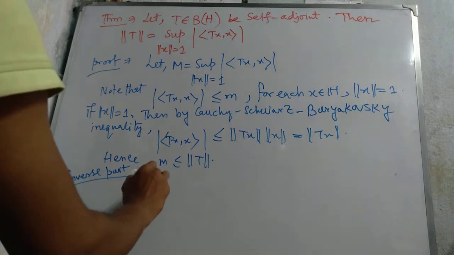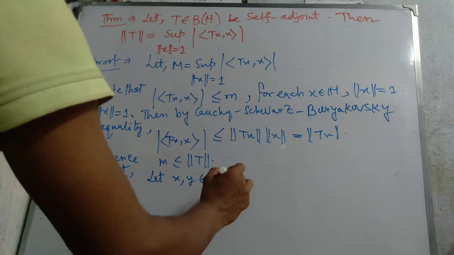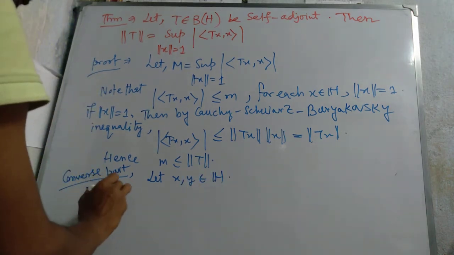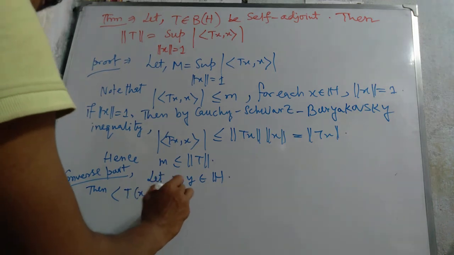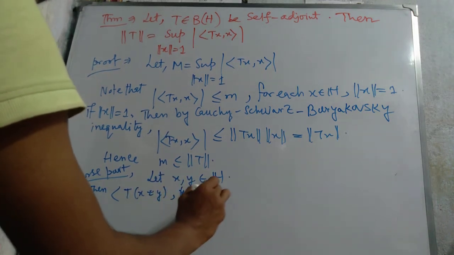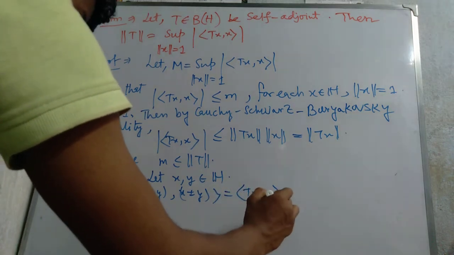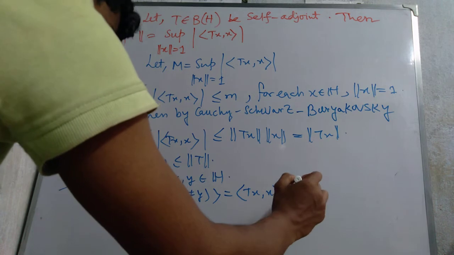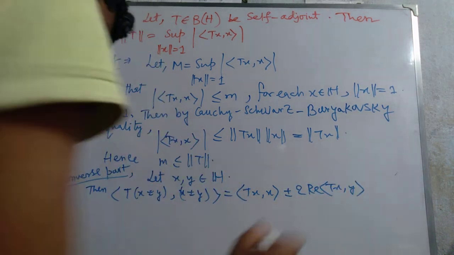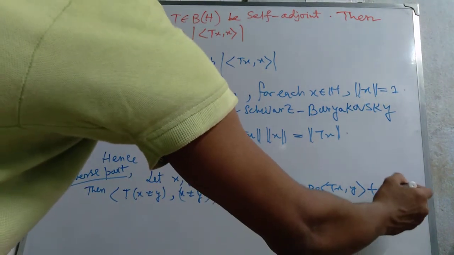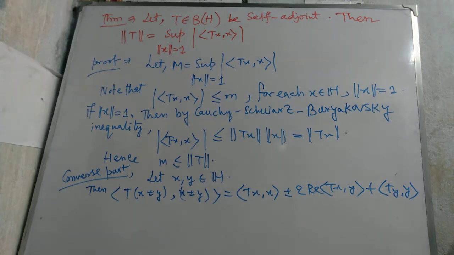So what do we do? Let x, y belong to H. Then the inner product of T(x plus minus y), x plus minus y equals Tx, x plus minus 2 real part of Tx, y plus Ty, y.